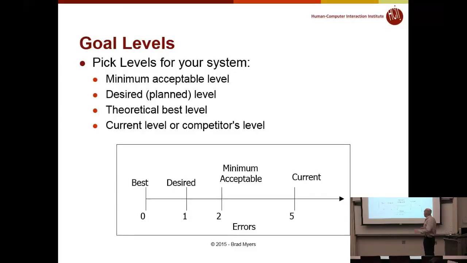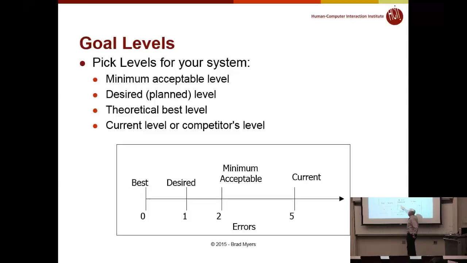So another way to make this more like engineering is to pick actual target values, right? So the Nielsen textbook recommends these kinds of measures. So you can measure how many errors people are making currently.